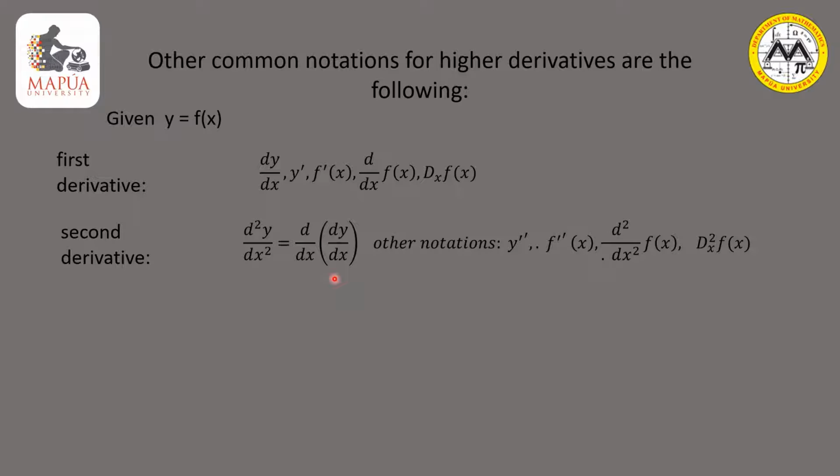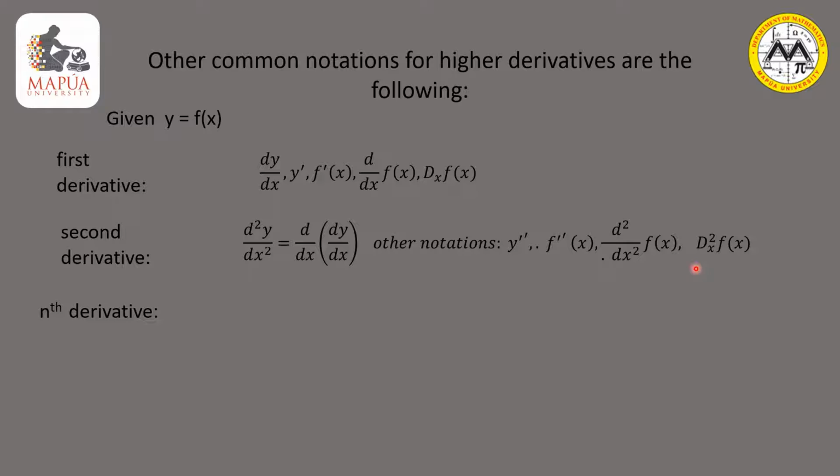The other notations for the second derivative are as given here. So we have y double prime, f double prime of x, or the second derivative of f of x twice with respect to x, or using the differential operator capital D, the second derivative of f of x with respect to x.